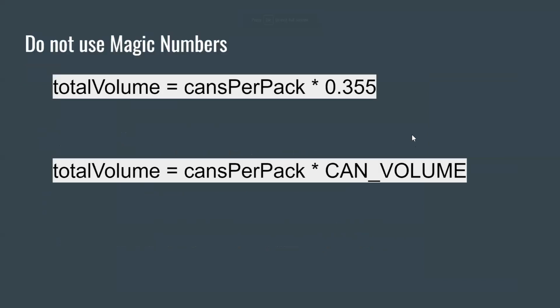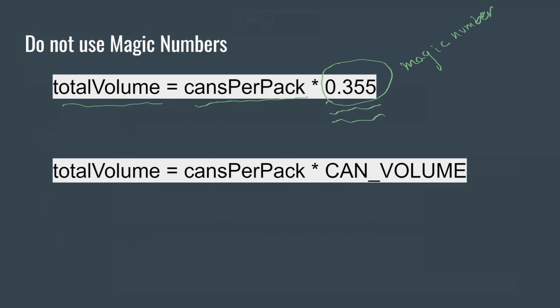So here we have a recommendation. To calculate total cans volume, you can multiply cans per bag by the number 0.355. However, this is what is known as a magic number. In your code, if you have a number like this with no explanation, someone reading your code does not know what this number is referring to.